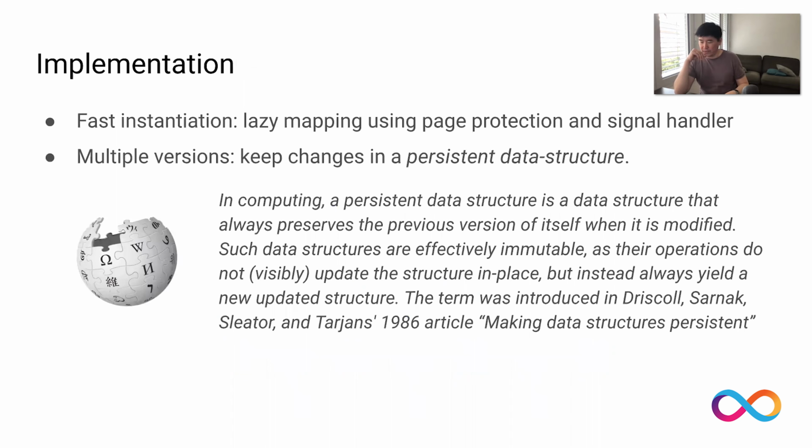And the current implementation uses the following approach. For fast instantiation, we rely on page protection and map memory lazily. I will walk through this in detail shortly. And for multiple versions, we use a persistent tree data structure. Do not confuse the word persistent with persisting to disk.